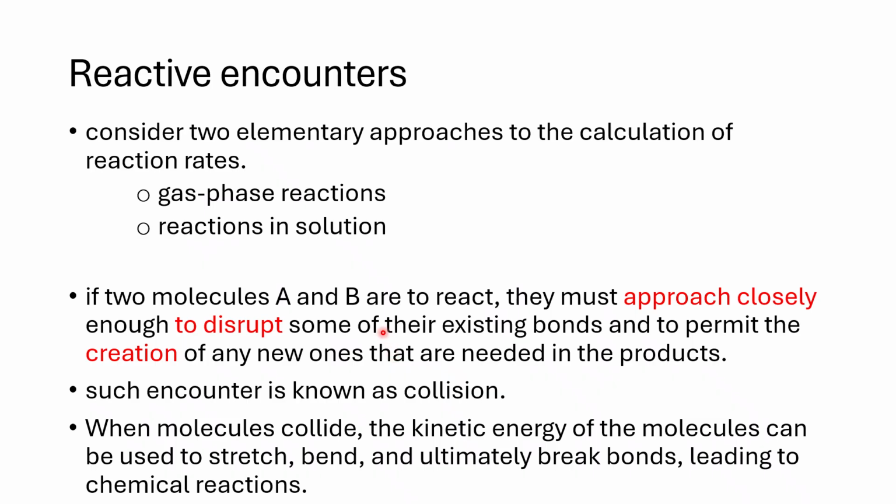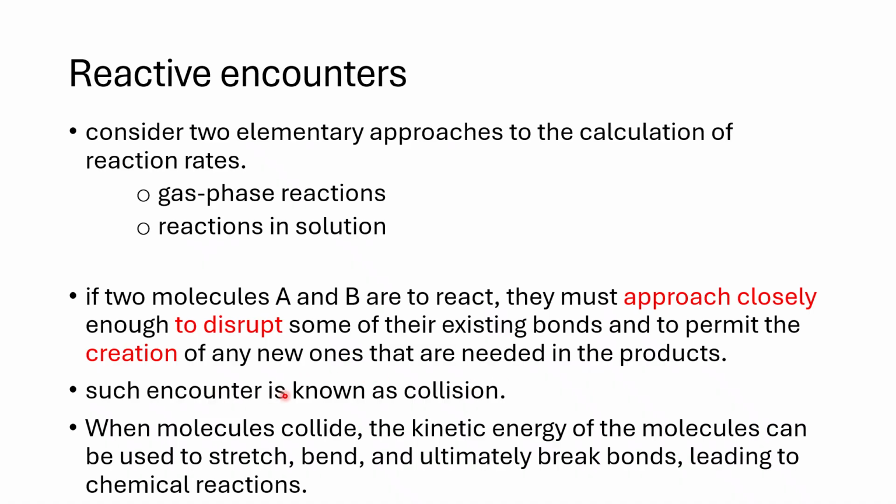So if two molecules, molecule A and molecule B, are to react, they must approach each other closely to gain sufficient energy to break the existing bond and to allow the formation of the new bond.